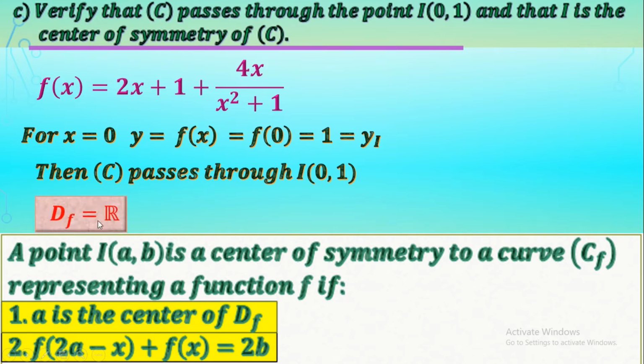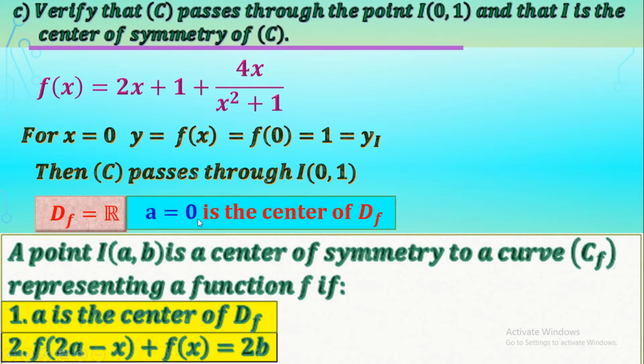Well, if you know something, we have proved that the domain of definition for this function is equal to the set R. In this case, any point can be the center of symmetry of this domain, in particular 0, the abscissa of I. So we can say that a equals 0 is the center of this domain of definition.